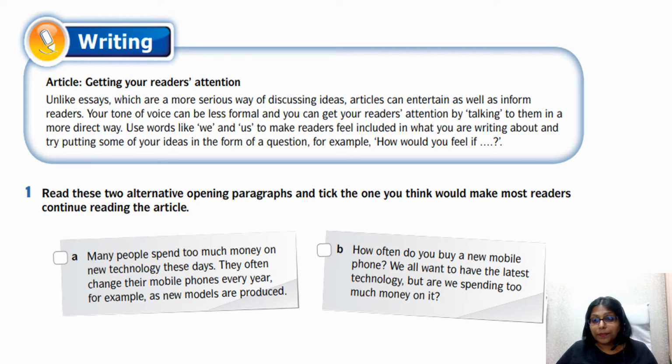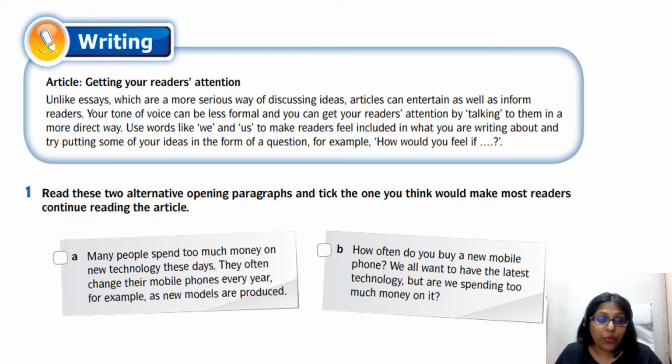Alright, so today we'll be focusing on writing, and our focus will be on an article. Okay, let's look at this. Getting your reader's attention. Unlike essays, which are a more serious way of discussing ideas, articles can entertain as well as inform readers.